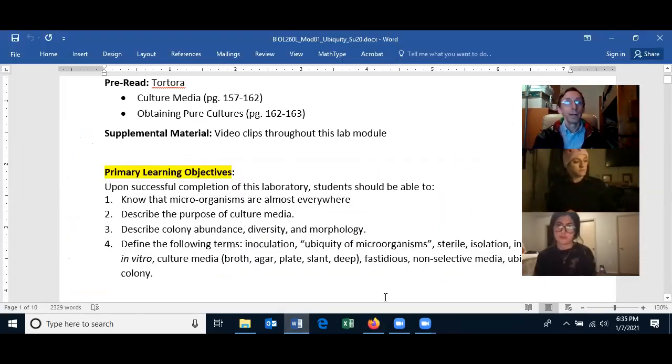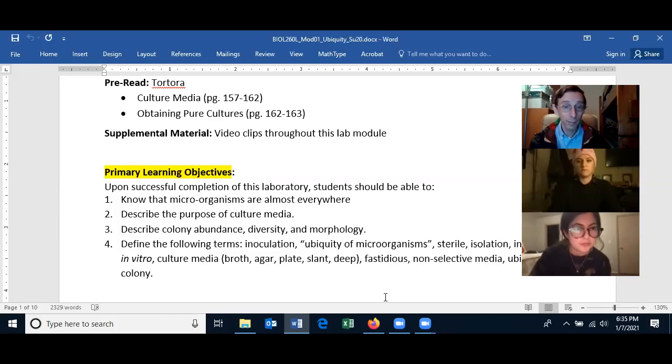So you need to do some reading in the textbook, and there's some supplemental material of video clips throughout the lab module. Primary learning objectives. Know that microorganisms are almost everywhere. Describe the purpose of culture media.